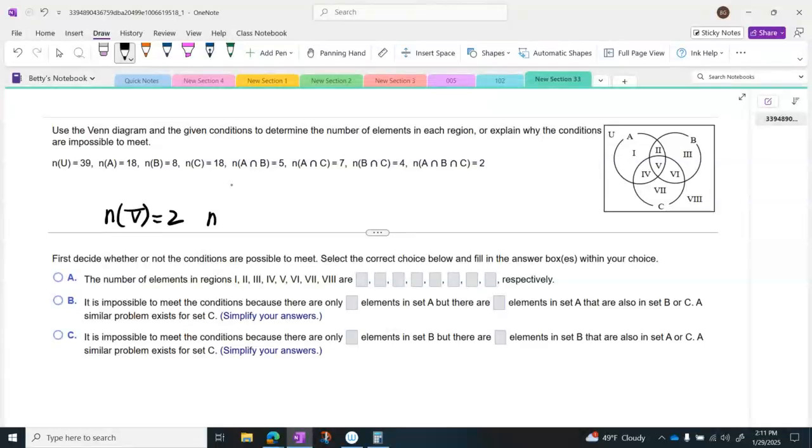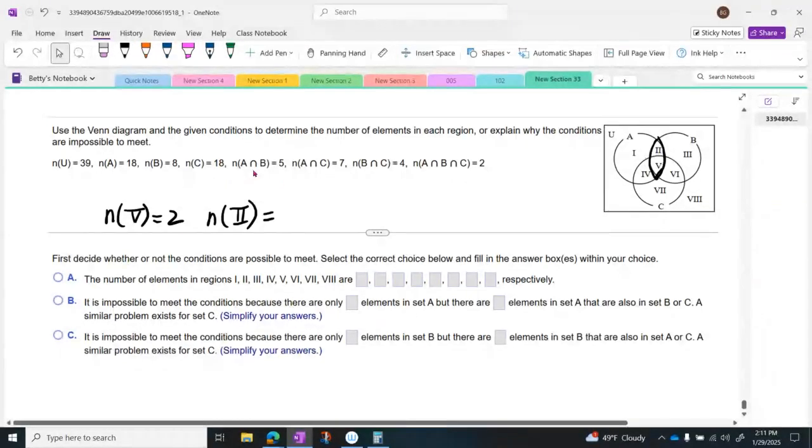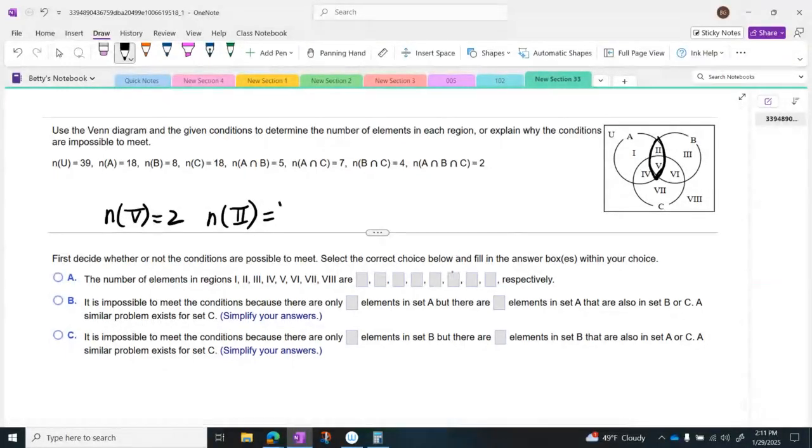Can anybody help me figure out how many elements are in region 2? I can remind you, this football region is the common region of A and B, so there are 5 elements. If you have 2 elements in the center, then in the paddle, region 2, we should have 3 elements.